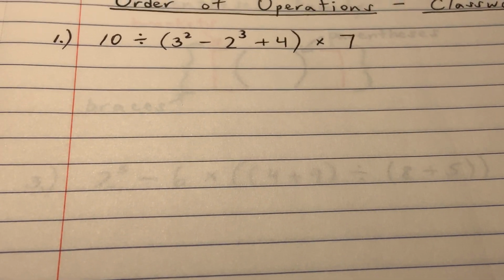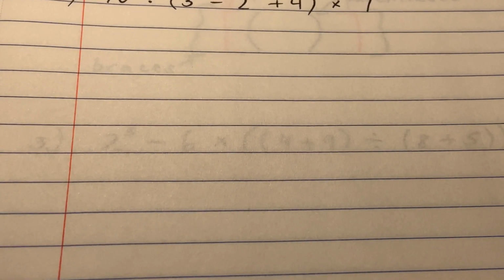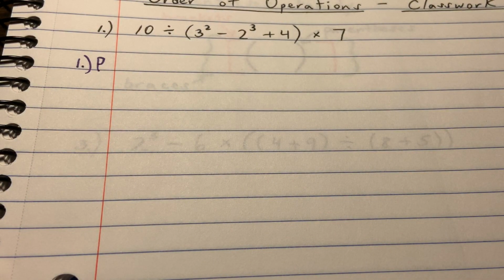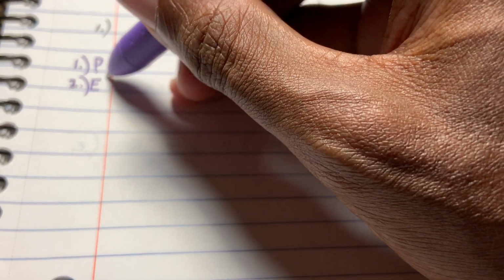All I'm going to do is write the letter for each operation. So, for example, I'm going to write step 1, P for parentheses. Okay? Step 2, E for exponents. I'm going to put a slash and then the square root symbol.